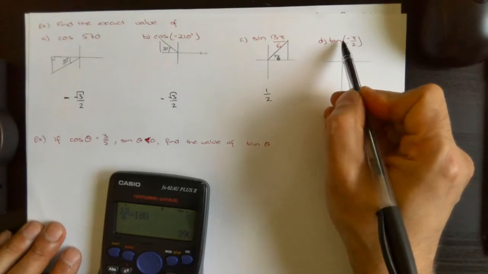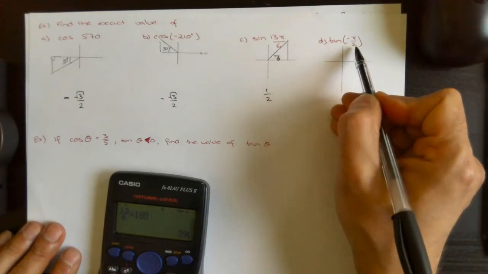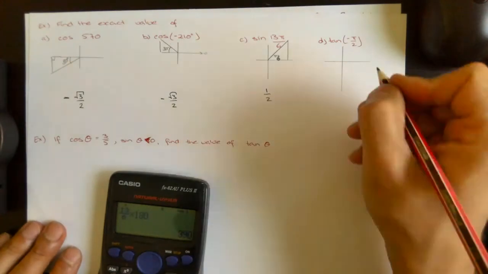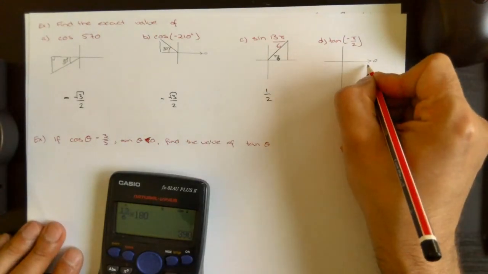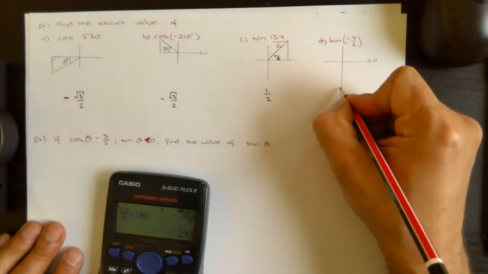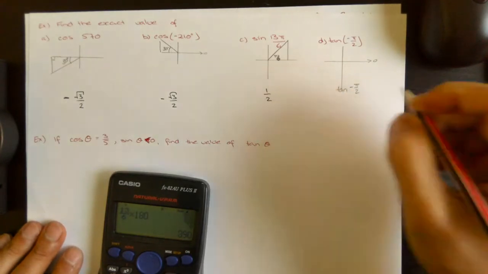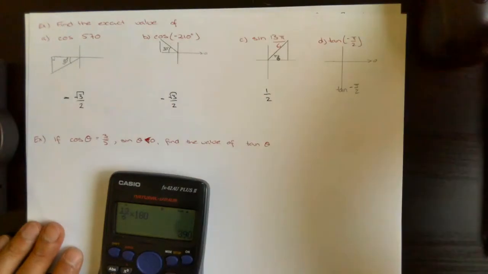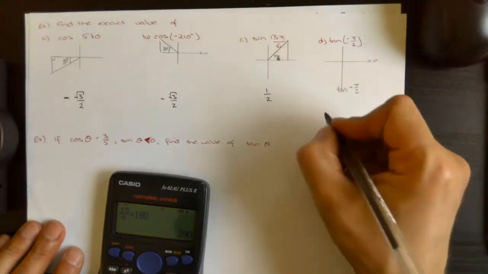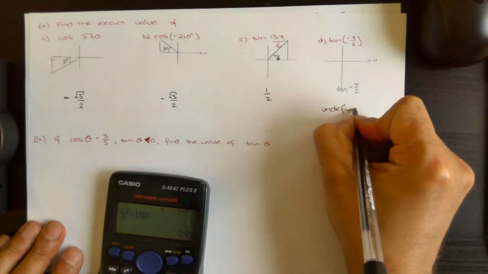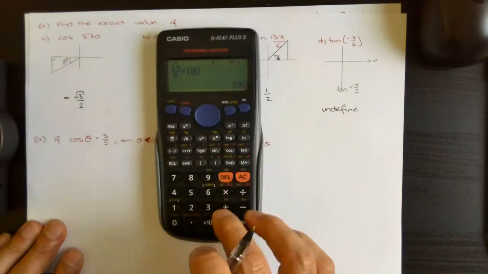So now this is tan of negative pi on 2. So that's negative 90. I start here at 0 and go this way to tan of negative pi on 2. And we know that when it's here and here, it is undefined, and your calculator will pop up with a math error.